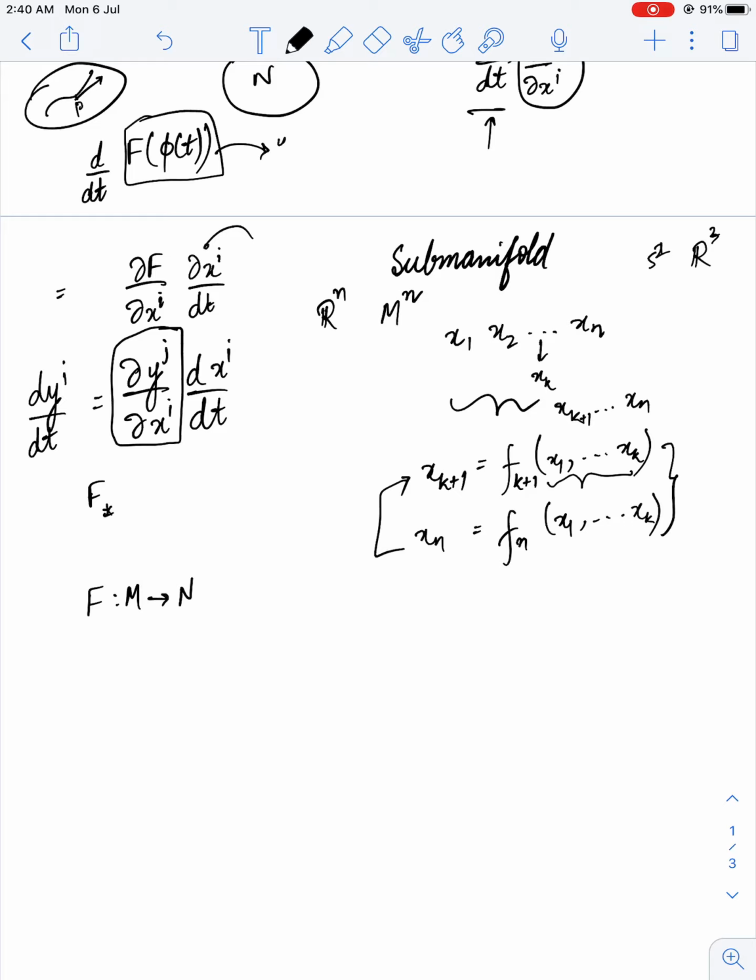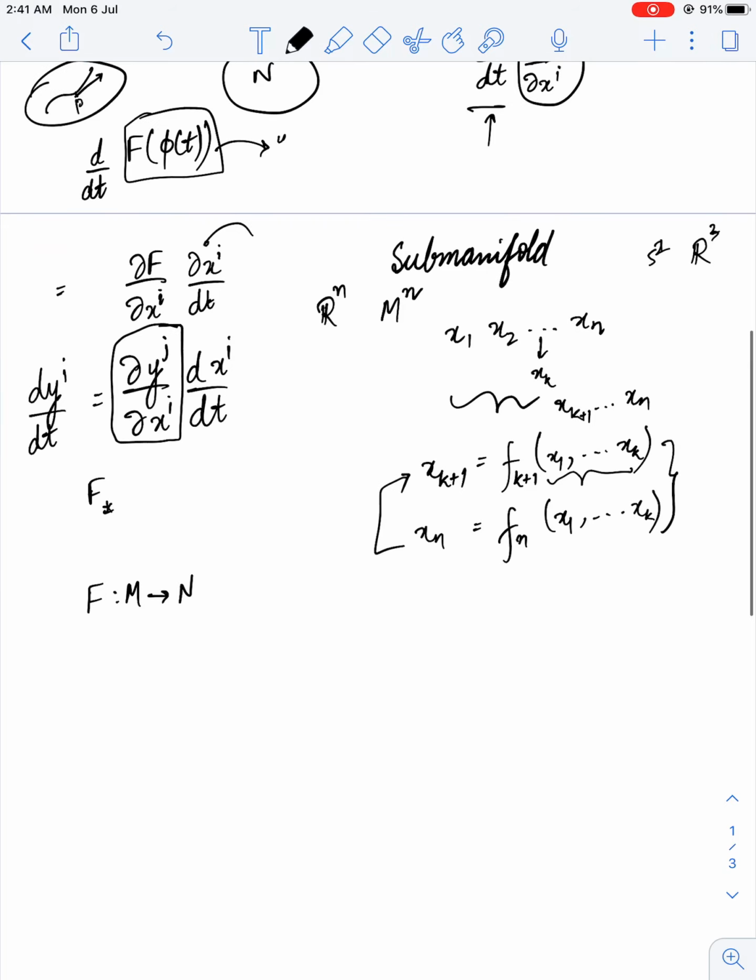Because the configuration space of a rigid body lives in R9, but the configuration space of a rotating body lies in some manifold of dimension 3, and it's O3, SO3 in fact. So I will just state the theorem, this is the theorem.